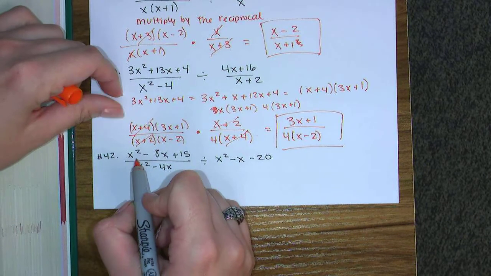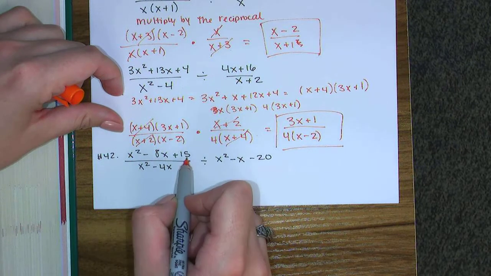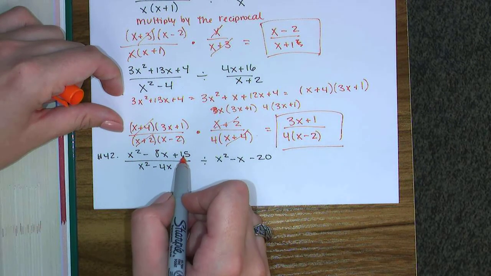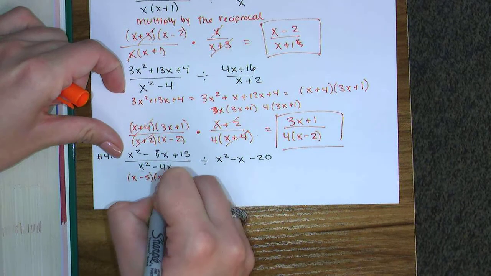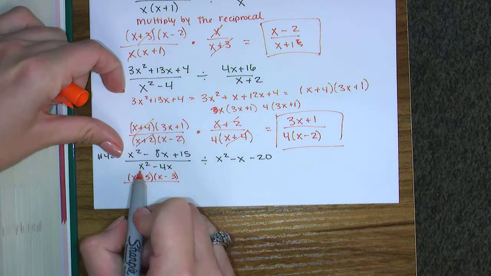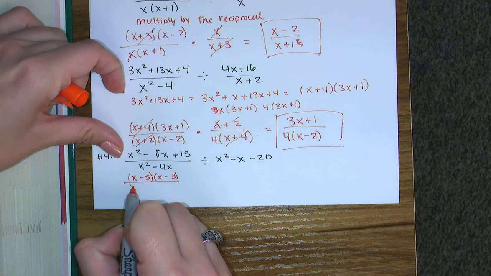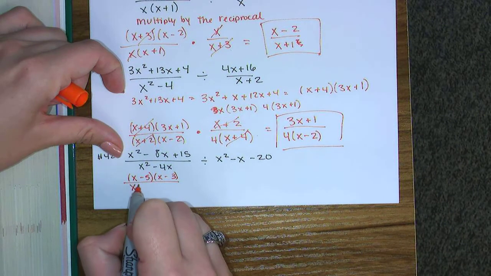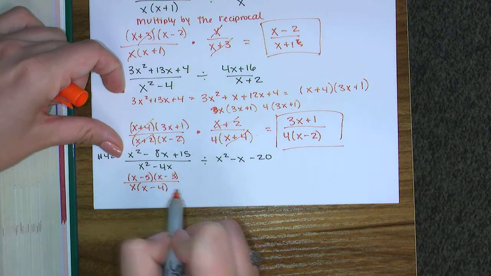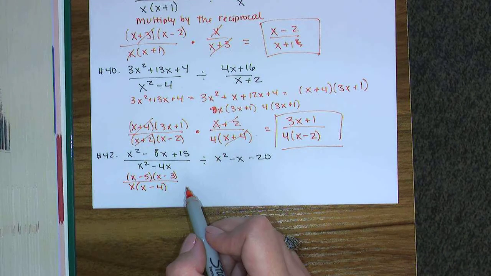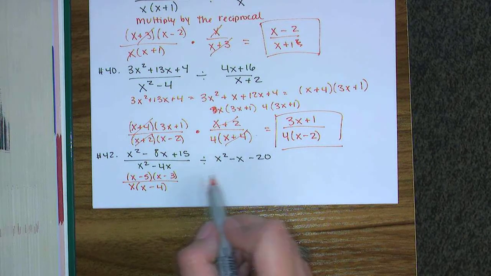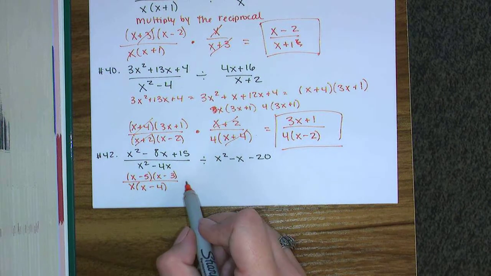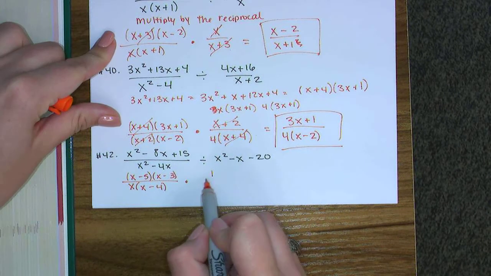So this is x squared minus 8x plus 15. 15 is 3 and 5, so x minus 5, x minus 3 over, I can pull out an x here. So if I pull out an x, this leaves me with x minus 4. So then, basically what's happening here is I'm multiplying by 1 over all this stuff.